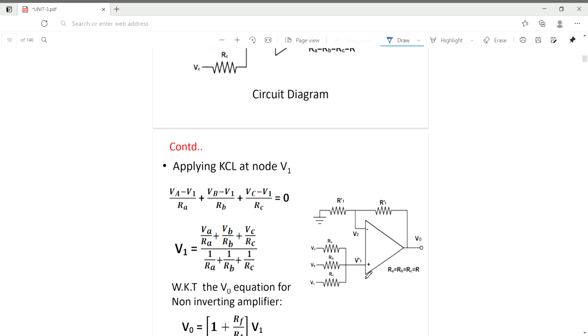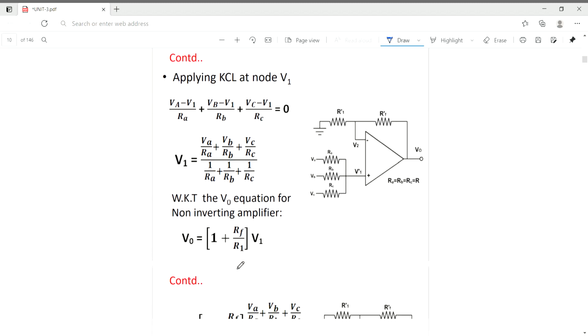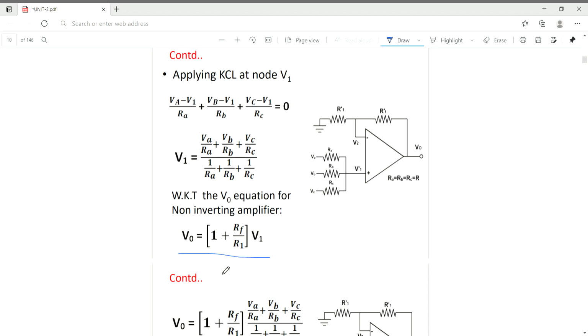V1 is the non-inverting terminal, and through that we'll be getting the output V0 as 1 plus RF by R1 into V1.